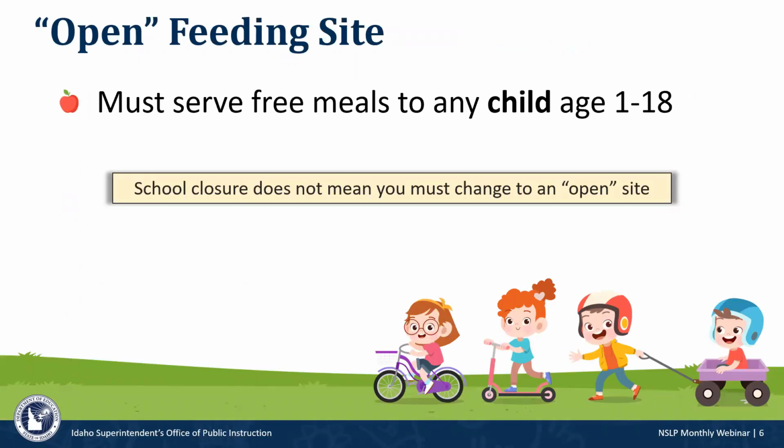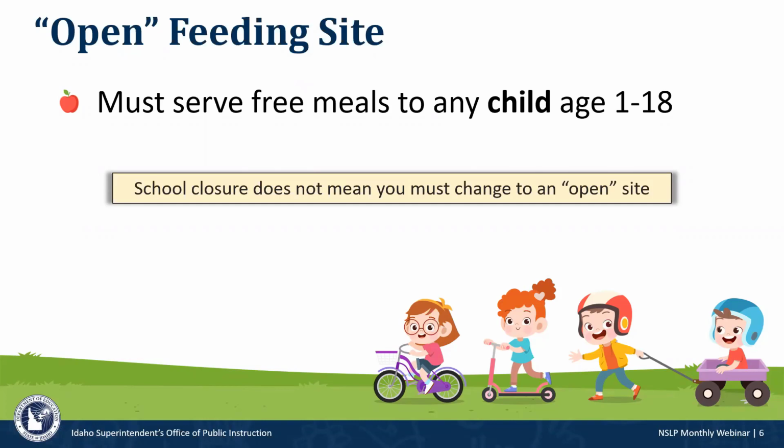Also, I want to take a second to remind you about the terminology we're using under SSO. One is open feeding and the other is closed enrolled. The vast majority of you selected closed enrolled, as USDA had anticipated we would try to get back to as usual operations.